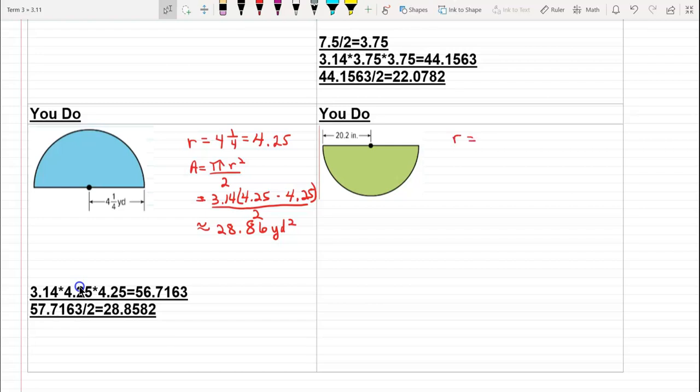For our second you do, the radius is 20.2 inches. Our formula is A equals pi times the radius squared divided by 2. For pi, we'll substitute 3.14. And for our radius, we'll multiply 20.2 times 20.2. When we're all finished, we'll divide that answer by 2.